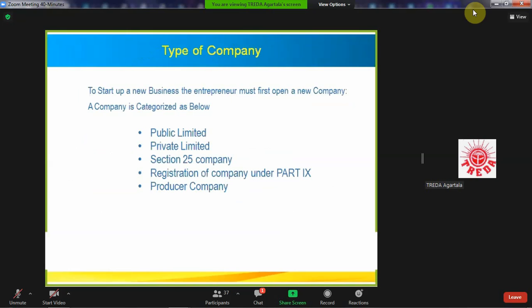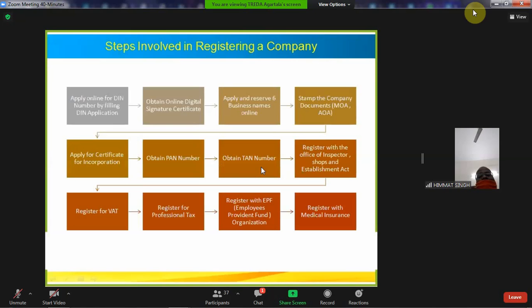And company, you can start a company, anybody can start a company, and so many people are trying now to start a company, private limited, public limited. And this is the procedure, how to apply for the business.